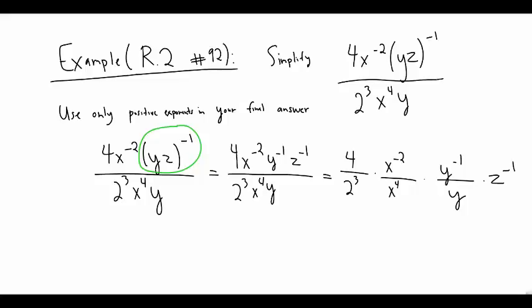Let's do these individually. 4 over 2 cubed. Well, 4 is 2 squared. And we saw that when you have the quotient of powers with the same base, you can write this as the same base, the exponent, the top one minus the bottom one. So this is 2 to the minus 1, which is 1 over 2.